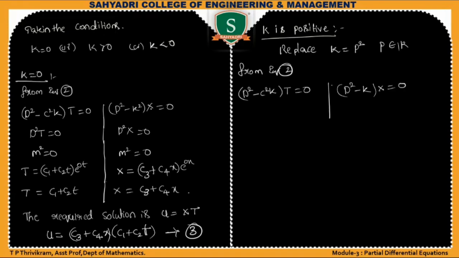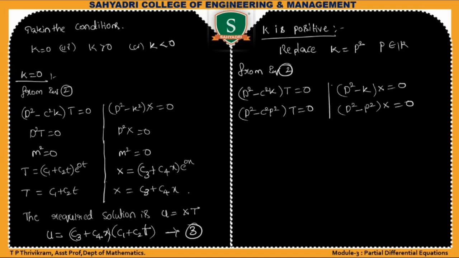In this equation, we'll substitute p square. So (D square minus c square p square) t equal to 0, and (D square minus p square) x equal to 0.